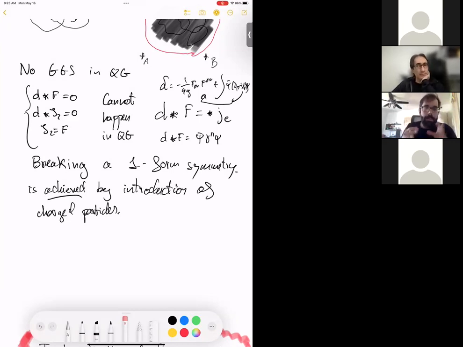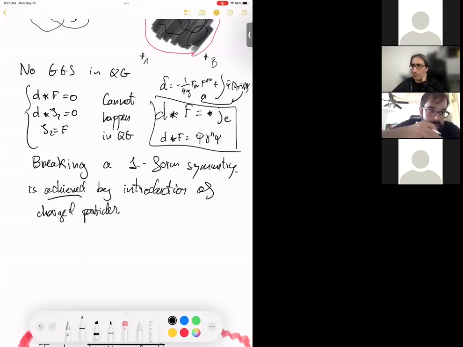And in fact, it's not only predicting the electron. Let me give you a more intuitive perspective of why adding particles breaks the one-form symmetry. Well, you see it already at the level of the equation here. The divergence is nonzero, so it's not a conserved current. But you can also see it at the level of lines.